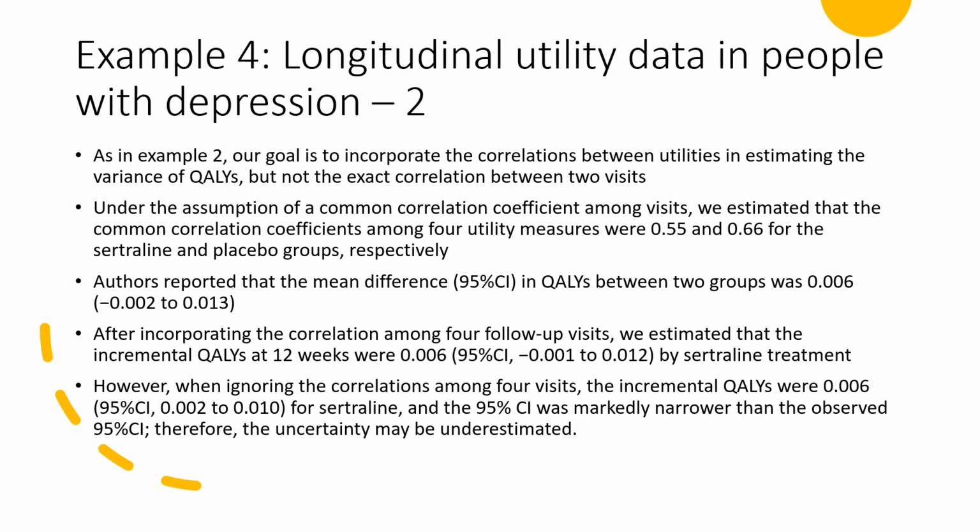After incorporating the correlation among 4 follow-up visits, we estimated that the 95% confidence interval of incremental QALY at 12 weeks was similar to the estimate from the observed data. However, when ignoring the correlations among 4 visits, the 95% confidence interval of the incremental QALY was markedly narrower than the observed 95% confidence interval. Therefore, the uncertainty may be underestimated.